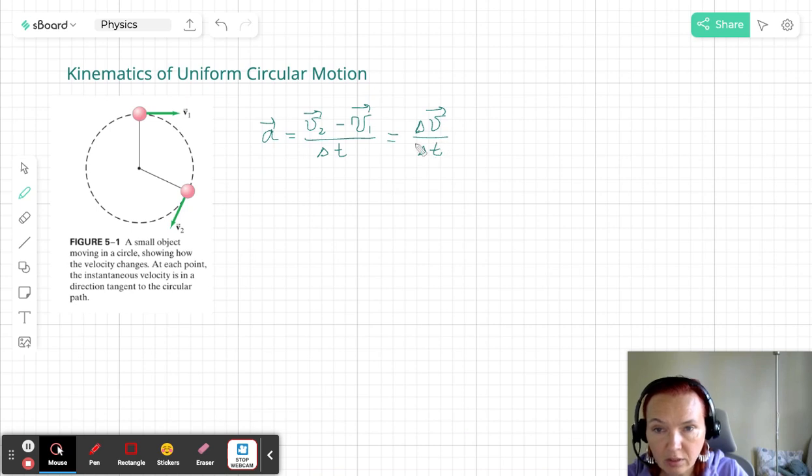We're looking at an interval of time which is very, very small, so delta t approaches zero. We're going to figure out the instantaneous acceleration, because we know we can figure out our instantaneous velocities. And for that, I'm going to redraw this diagram slightly so that it looks like this.